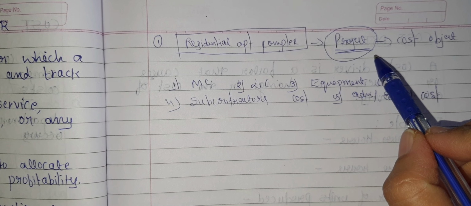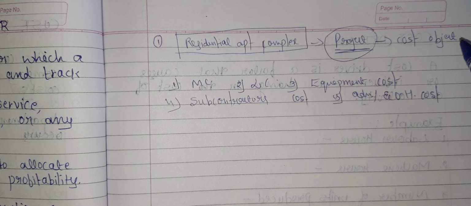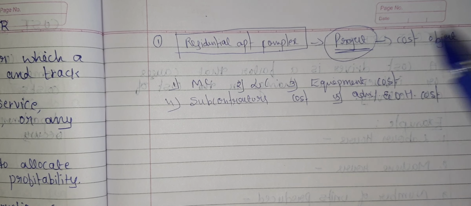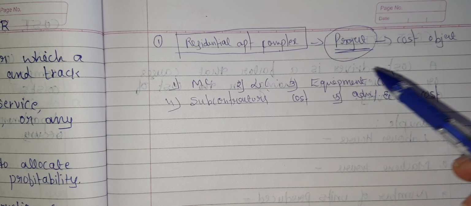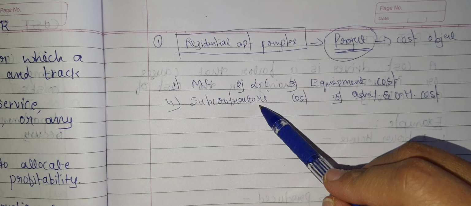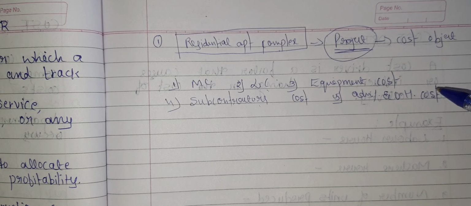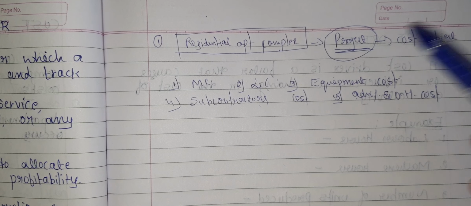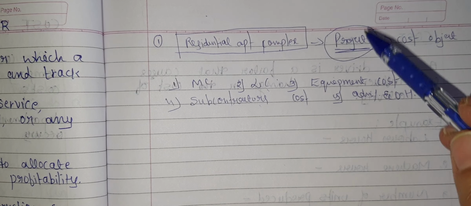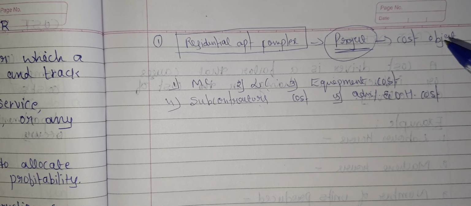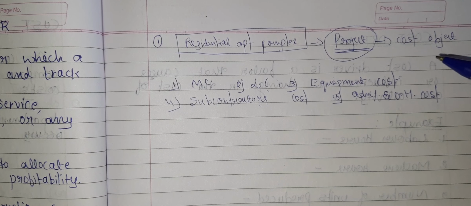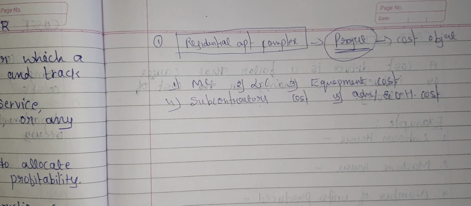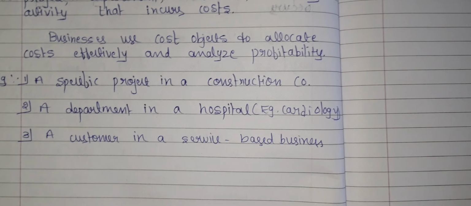The company needs to track material, labor, equipment, subcontractors, and administration and overhead costs, and after totaling all the expenses it has to determine its profitability. This is one example, and next we will take one more example.